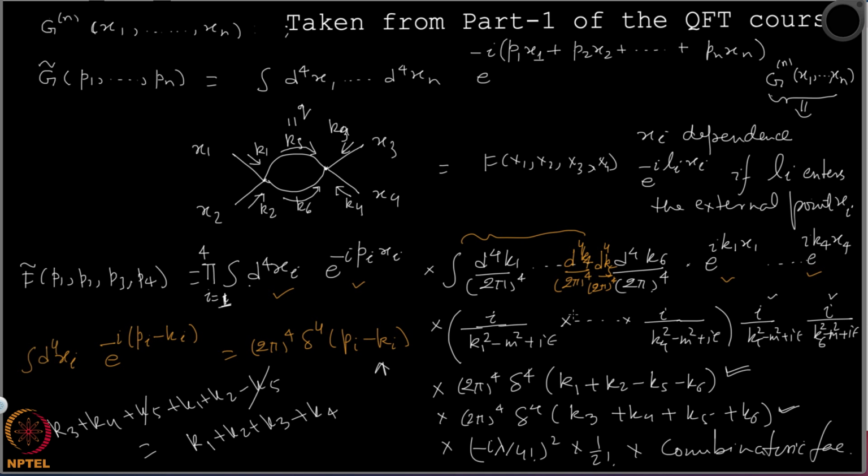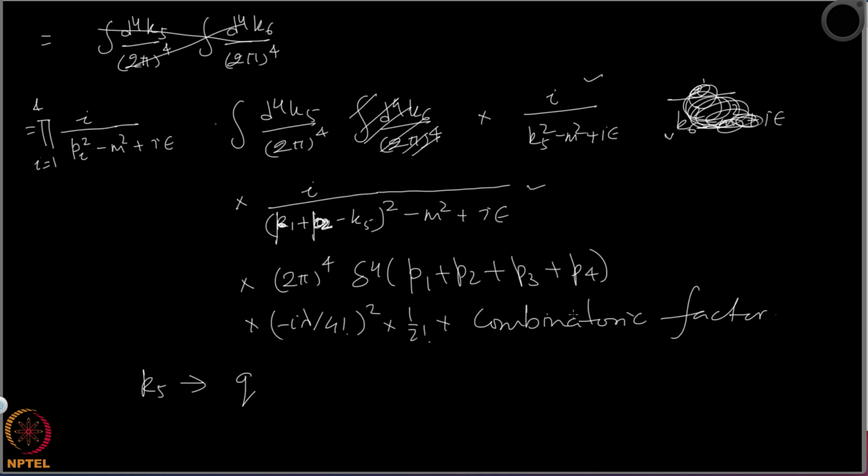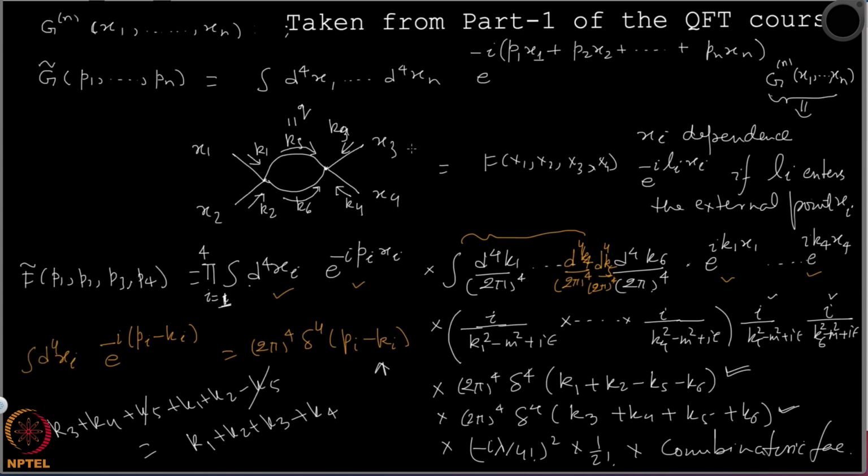Okay, and then further manipulating this and doing all the integrals. Let's say we do the integral over k6. Okay, we still keep the integral k5, this one. Okay, you have k5 and k6 running in the loop, and I should have only one loop momentum left because this is a one loop diagram.